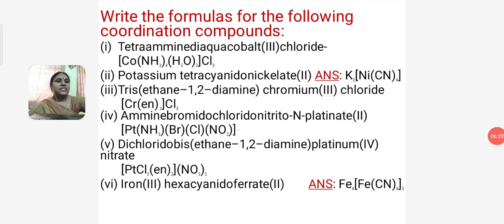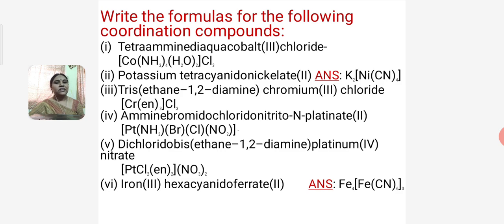Here in this case you can see the central metal ion is chromium and the ligands present are ethane-1,2-diamine. Only one type of ligand is present, that is ethane-1,2-diamine. And how many times is it repeated? The prefix tells it is 3 times, tris. So, it is 3 times.